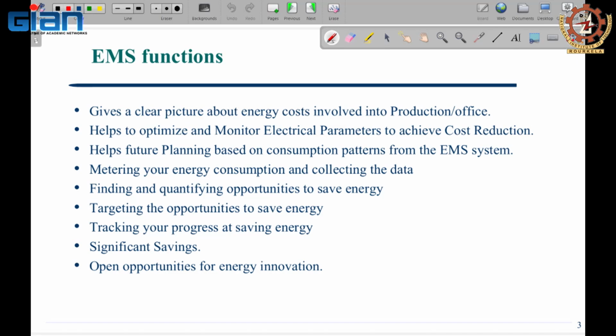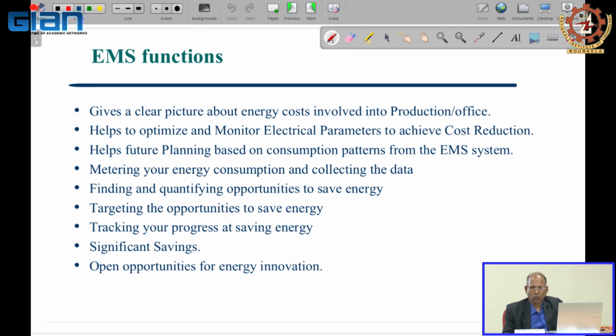Some of the functions it can perform: it can give you a clear idea about the energy cost involved, can optimize and monitor electrical parameters for reduction of cost, can plan for the future based on the consumption patterns from the energy management system, can meter the energy consumption and collect the data, a kind of smart meter function, and can quantify opportunities to save energy, where it can save the energy, and can monitor the progress of saving the energy.